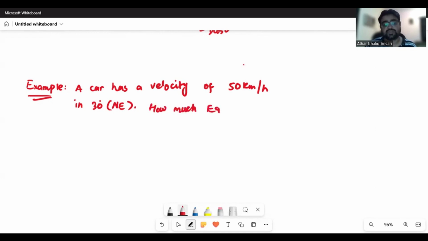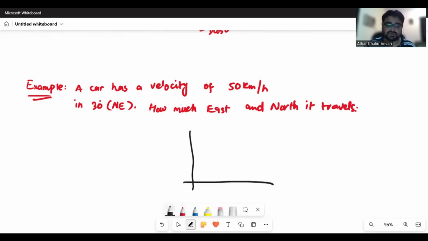So how much eastward and northward will it move? Even though we don't need the figure here, just to show you, if this is the north and east direction, this is east and this is north, this is the velocity of the car.